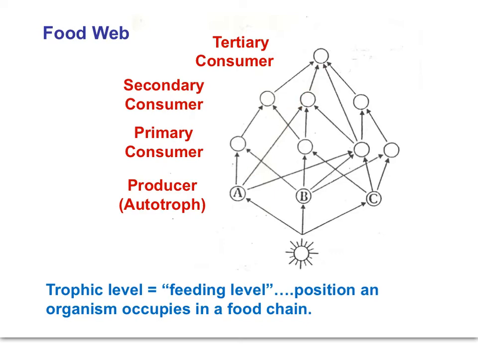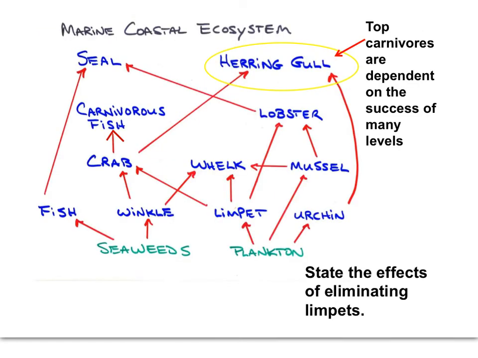Here is a marine coastal food web that begins with the producers, the autotrophs, labeled green for the photosynthetic transformation of solar energy to chemical energy of glucose. Now the seal is a third level consumer along this food chain, but a second level consumer along this food chain.